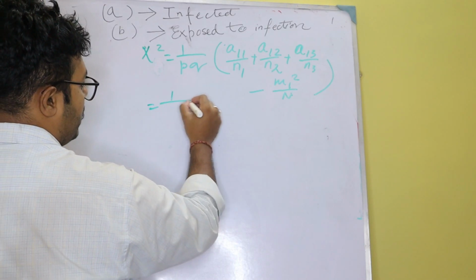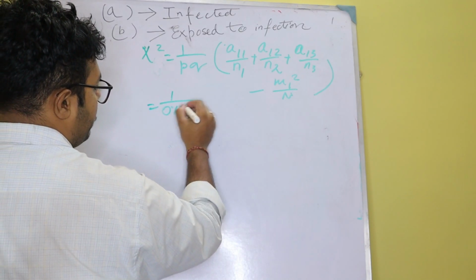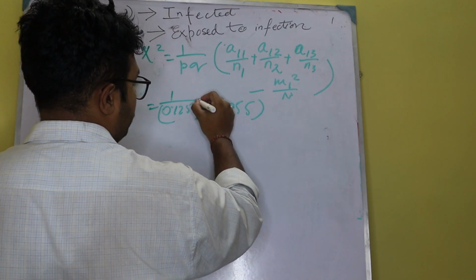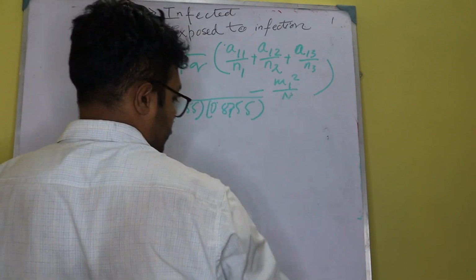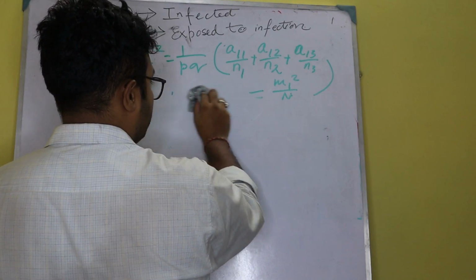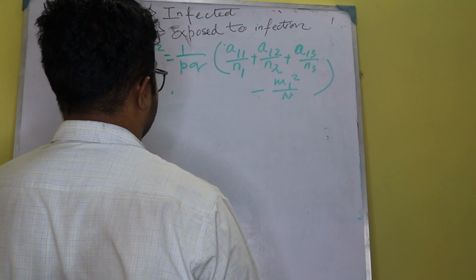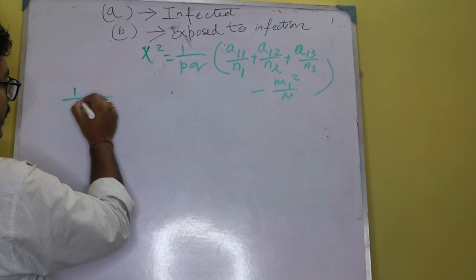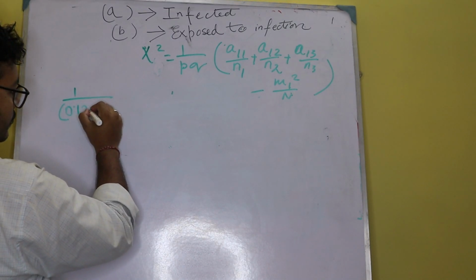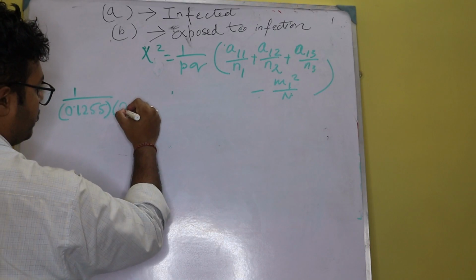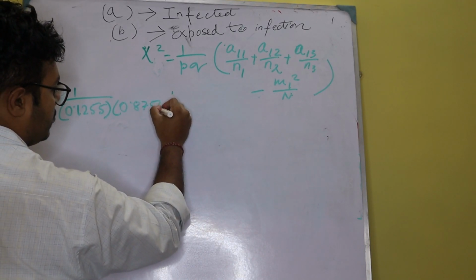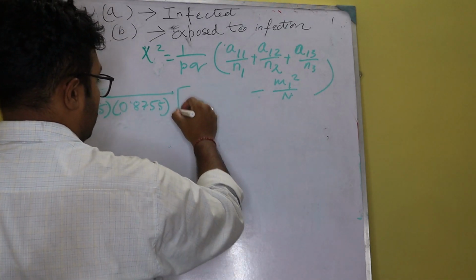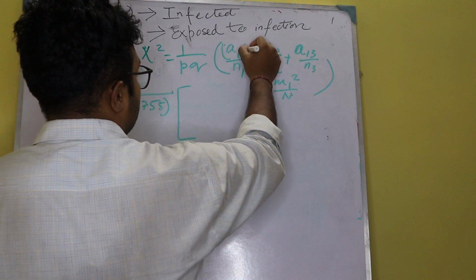Now if I put the values here, we get 1 by 0.1255 into 0.8745, I am putting the values of P and Q, into, sorry, this will be whole square.